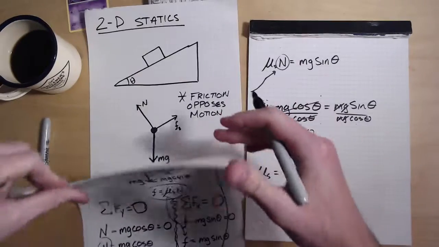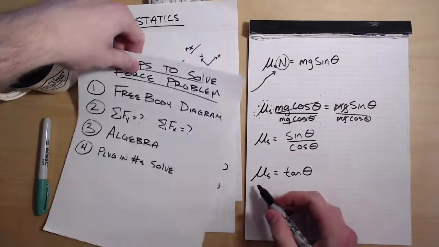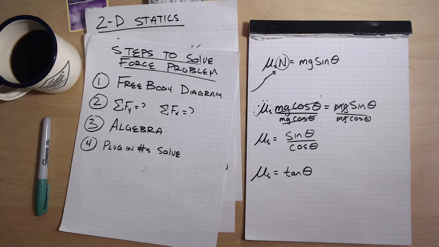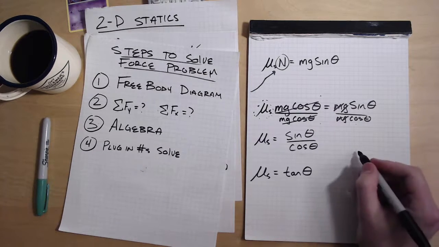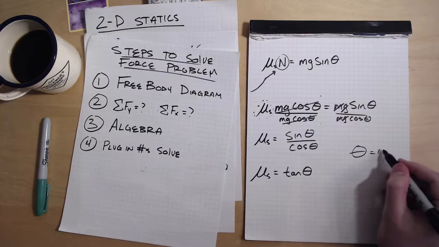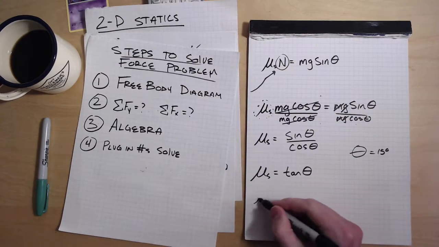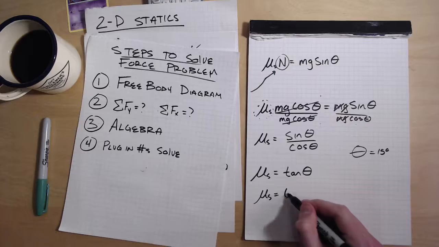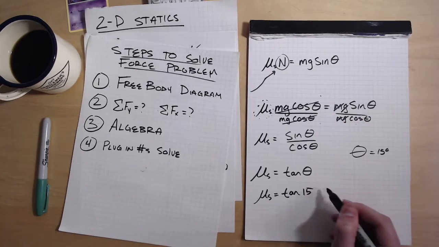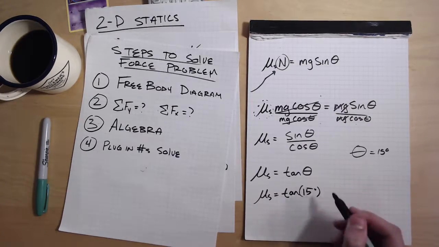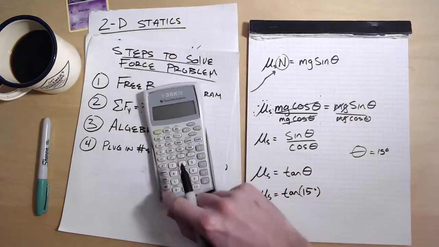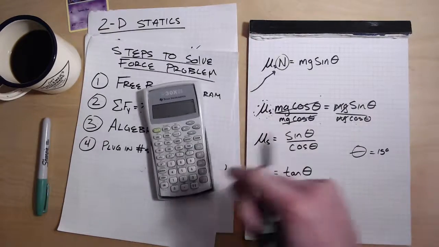So now we found our expression, our equation for whatever it is we were trying to solve for. So now we can plug in our numbers and solve. Let's say theta was 15 degrees. You get mu s is tangent of 15 degrees.